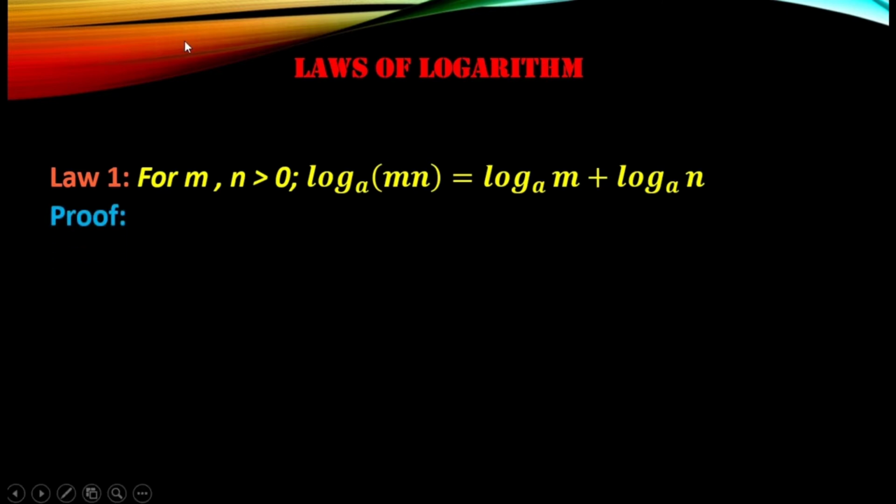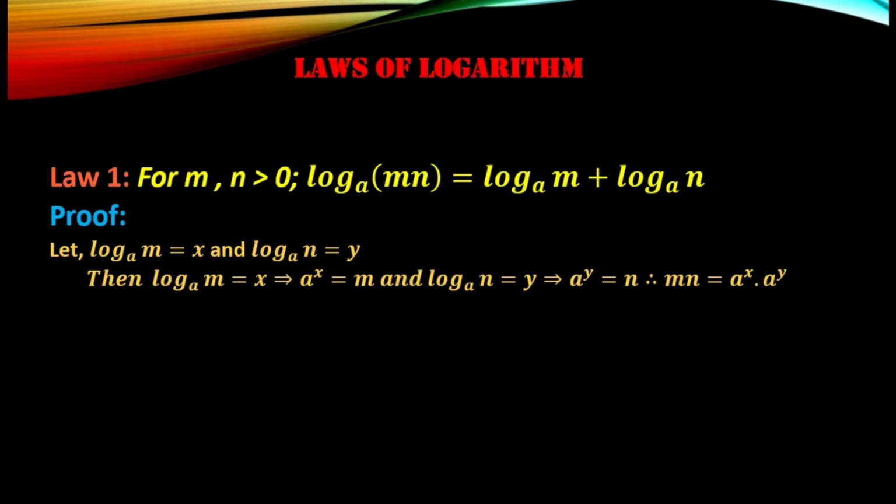Suppose log of m to the base a equals x. X is another variable, and we are taking this value log of m to the base a as x, and log of n to the base a equals y.